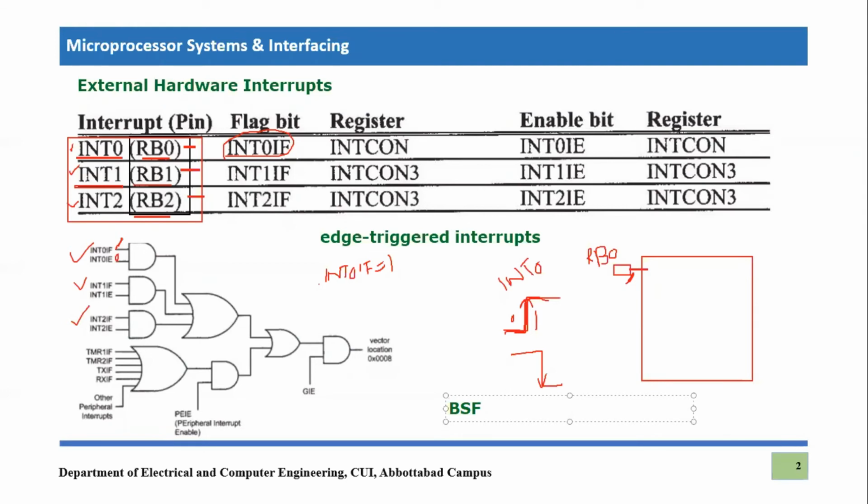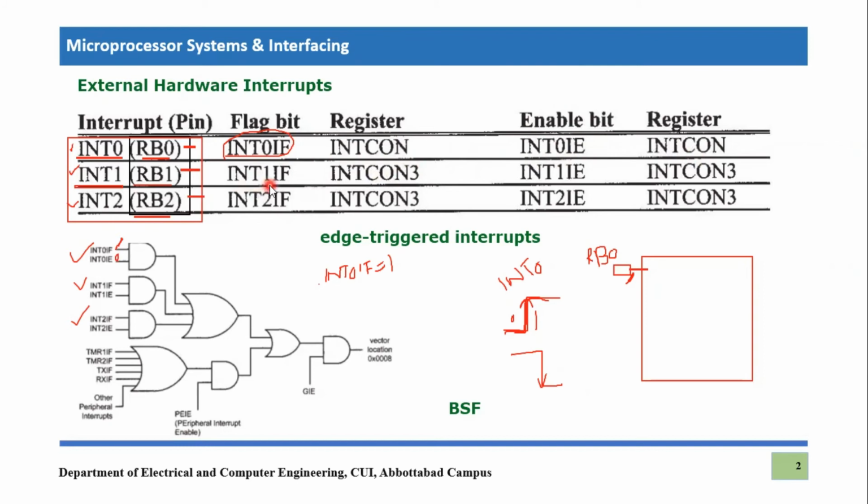We have to know what is the specific register of this IE flag, right? So interrupt 0 IF flag is used here, and interrupt 0 IE bit is mentioned here, and its corresponding register is interrupt control. Remember, interrupt 0 IF is a bit which is present in interrupt control, and interrupt 0 IE is present in interrupt control register.